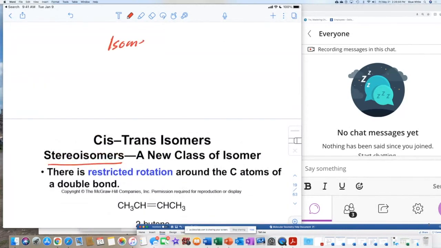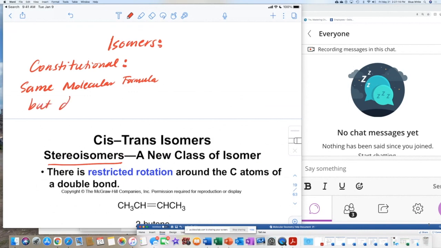For the isomers that we have talked about so far, we talked about constitutional. These are the kind where they have the same molecular formula, but different arrangement.